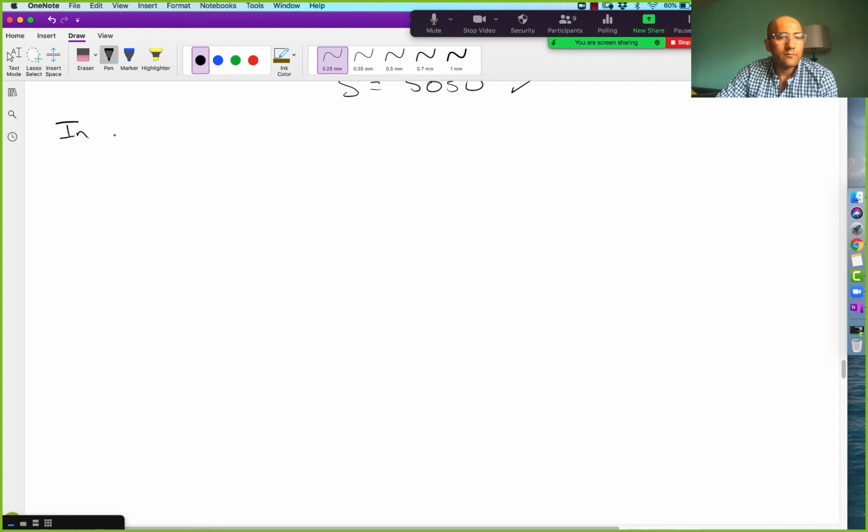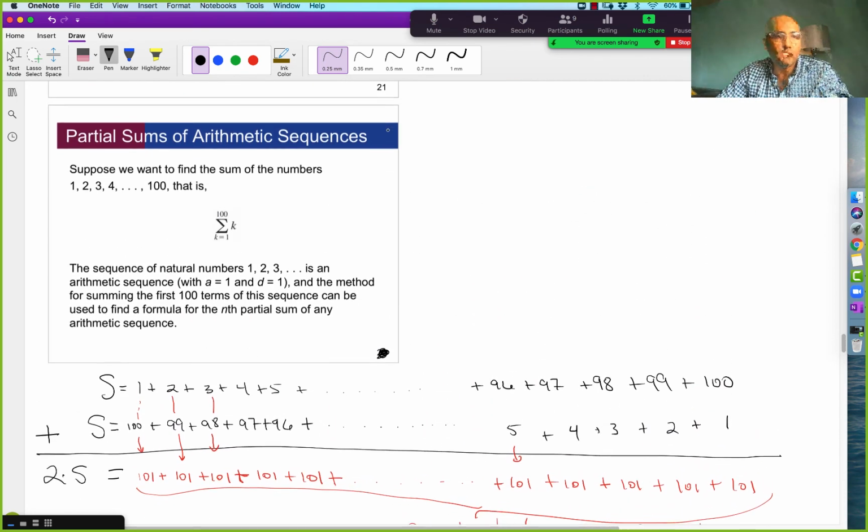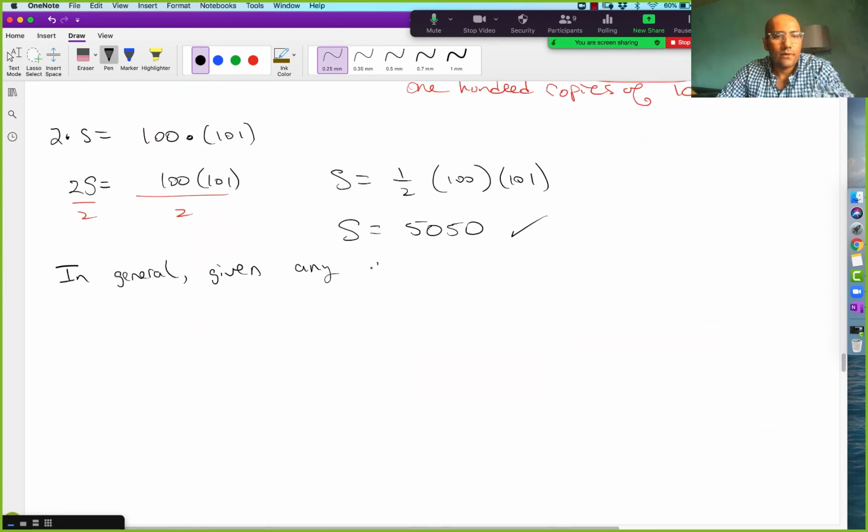So I'll put in general: given any arithmetic sequence, sum the first n values.